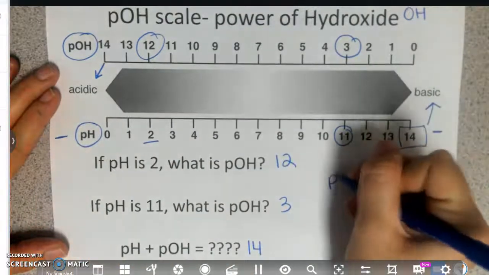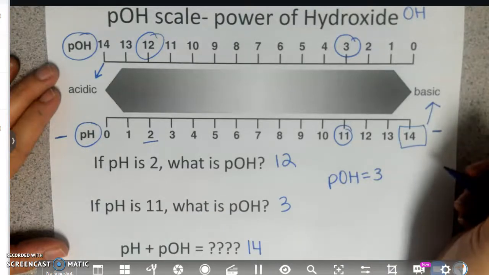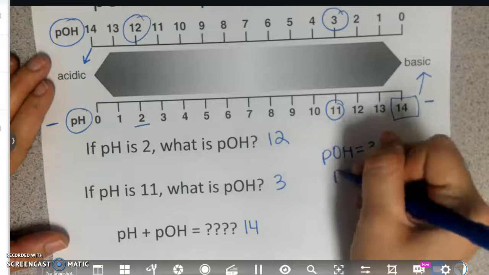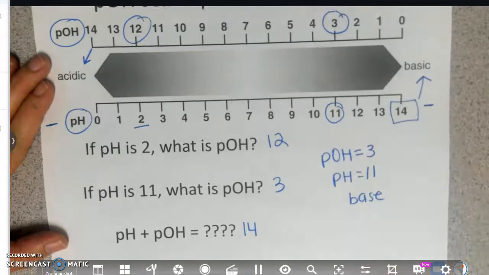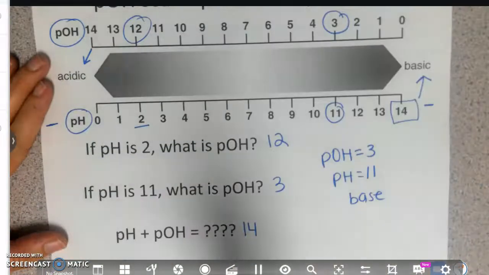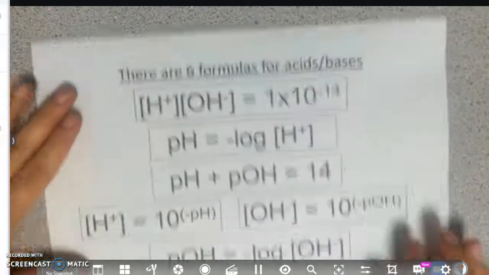So if I tell you pOH is 3, is this an acid or a base? How I want you to think about it is say, okay, if pOH is 3, pH is 11, that's a base. If you try to memorize the pOH, you'll just mess yourself up, but you do need to know this formula. And so that's 3 of our 6 formulas.